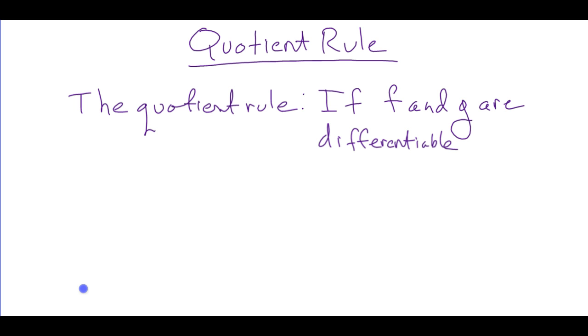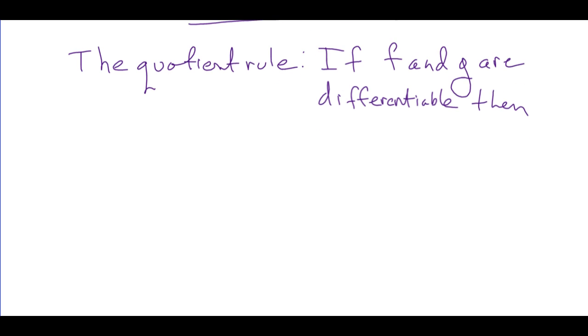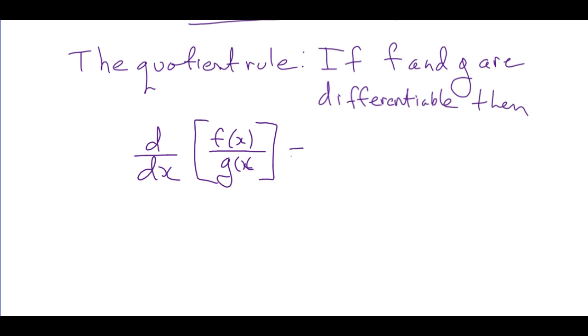So if f and g are differentiable, then d by dx of f at x over g at x is equal to, right? So now we're dealing with a quotient, so you're dividing.